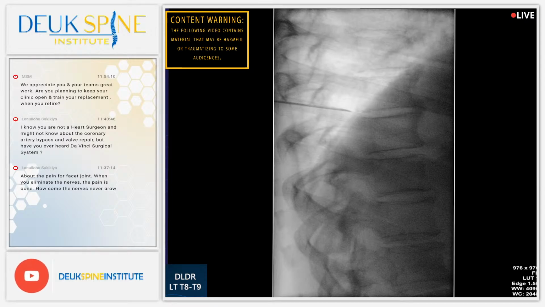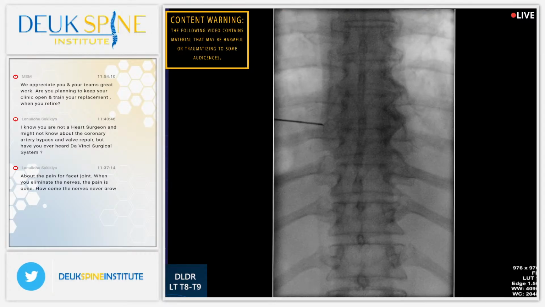I feel like this is moving. Go ahead, shot. Maybe it was with inspiration. We're just too far away on the lateral. Go back to the, sorry, we're too far away on the AP. We're too lateral to the spine.